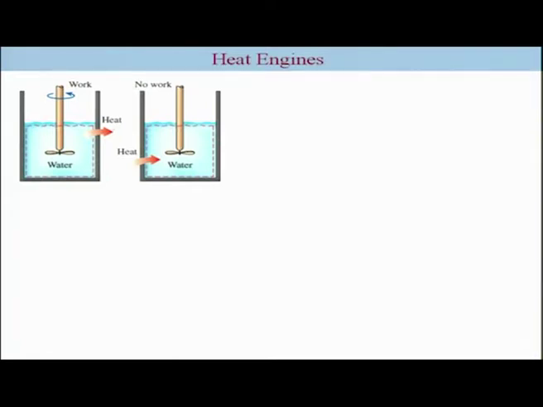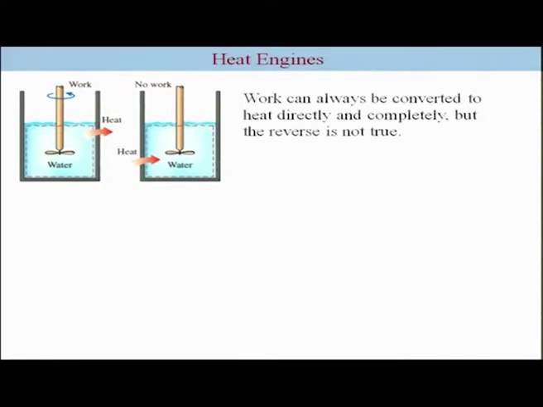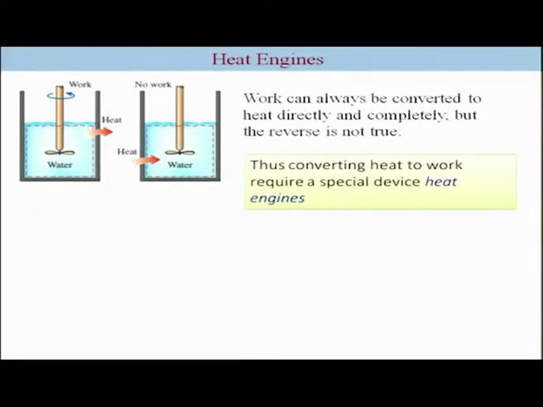On the other hand, if you apply heat, you cannot rotate the shaft, and thus the process of heat directly to work is not spontaneous. So, there is a direction to the process: the work automatically gets converted into heat, whereas the opposite process is not feasible. That means the reverse is not true.